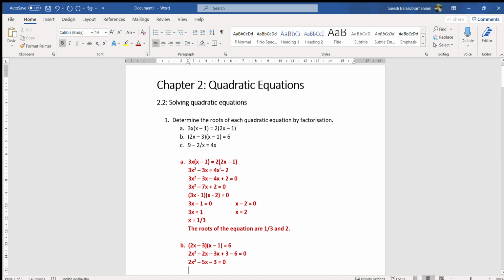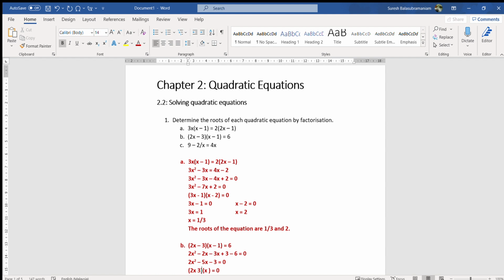I'll put 2 brackets. So how to factor this? 2x², break it into 2 terms, you get 2x and x. Negative 3, break it into 2 terms; when you multiply, you get negative 3. So you get 3 and 1. How shall I put my 3 and 1?